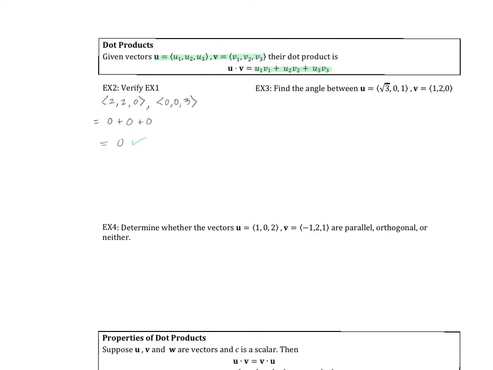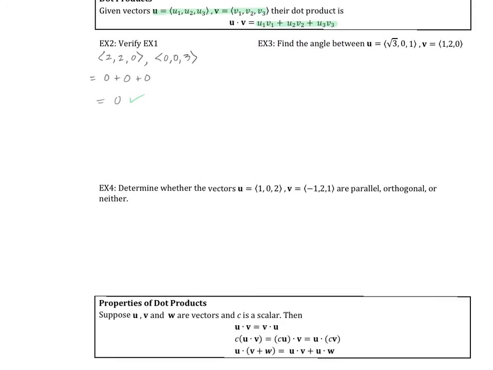All right, let's try the other one. So this was example A in example 1, and then we had example B. In example B, we had the vector 1, comma 1, and the other vector was 1, 0. So looking at the dot product of these two, that would be equal to 1 times 1, which is 1, plus 1 times 0, which is 0.